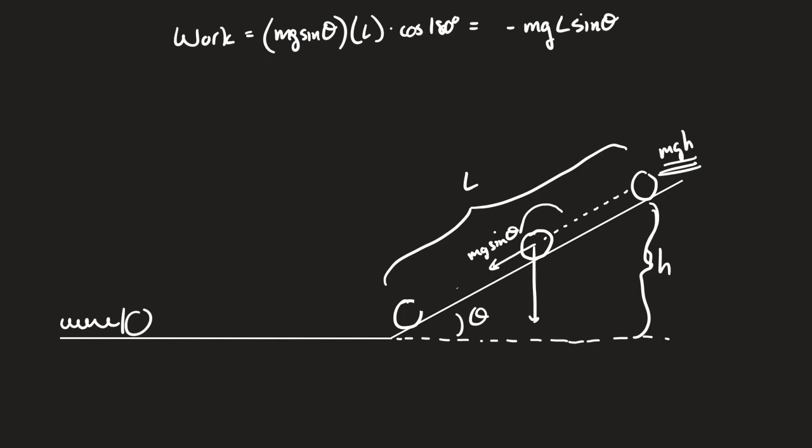Now, this part should not blow your mind, but sine theta equals h over L. So L sine theta equals h.